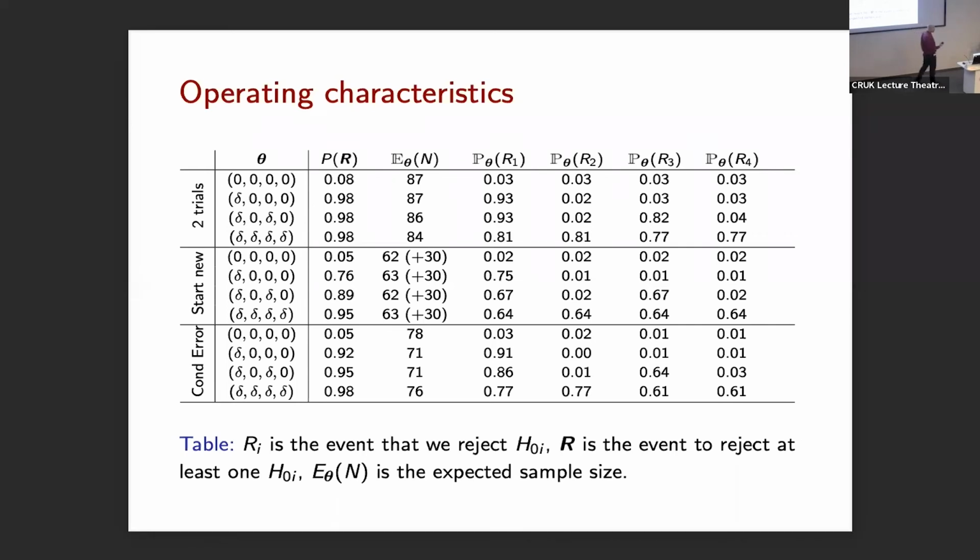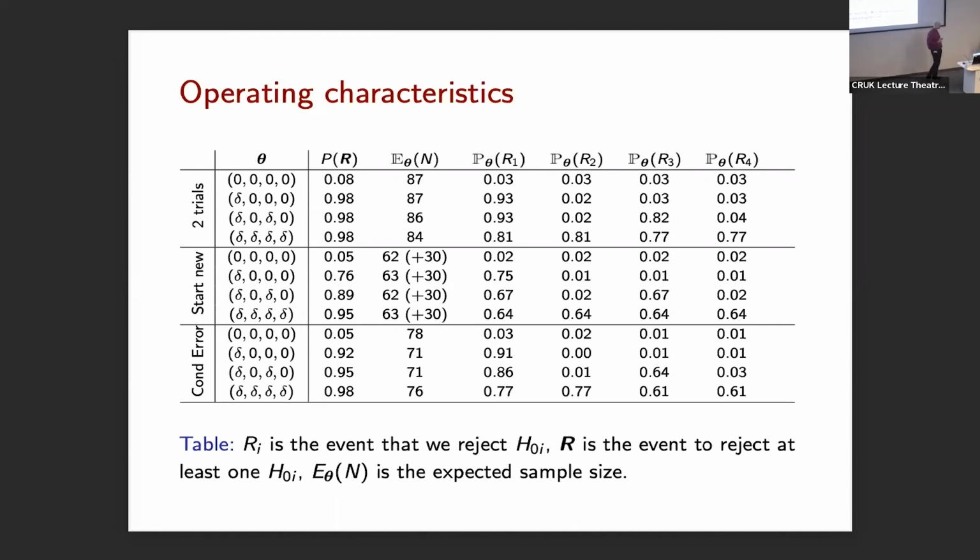So, what can you see? If I were to run 2 separate trials, then in the first row you see that my overall risk of making an error is going to be 8%, rather than the setting where I had planned for 5% error. So the fact that I now have 2 separate trials means that I'm going to increase my risk of making a mistake.